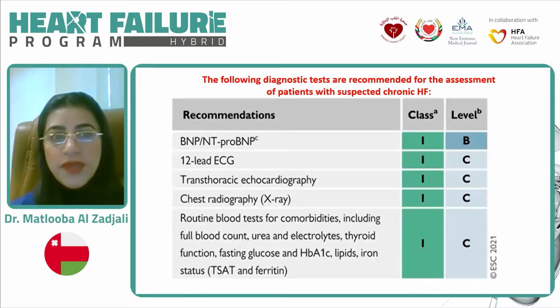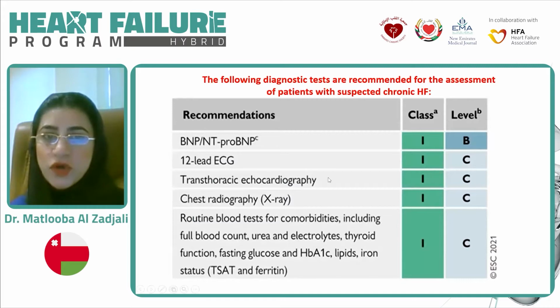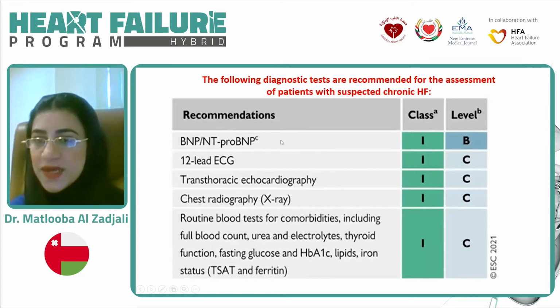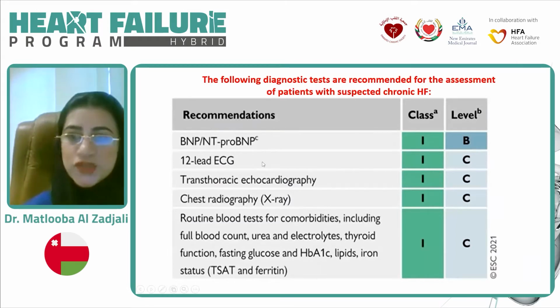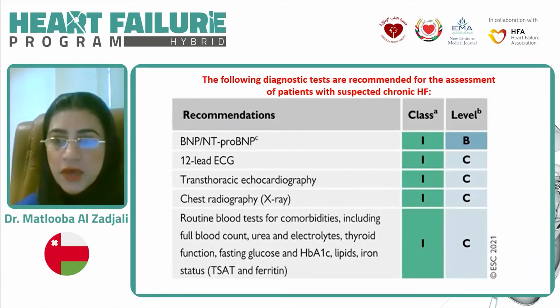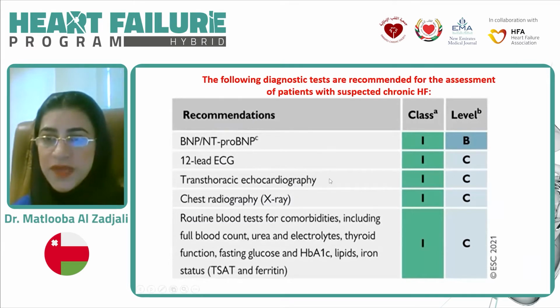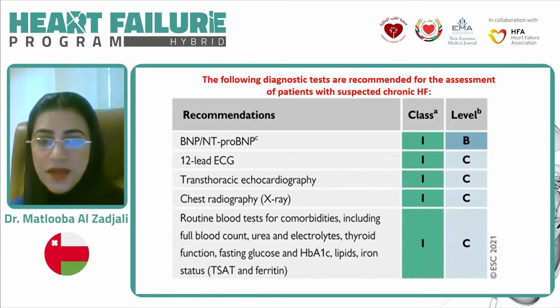The following are the diagnostic tests which are recommended for the assessment of patients suspected of chronic heart failure. We have BNP, NT-proBNP, which is recommended as per the new guideline of the European Society of Cardiology as a class 1 and level of evidence B. ECG is also important when you are suspecting heart failure, to rule out any causes of arrhythmias, and also echocardiography to confirm the diagnosis and to assess the ejection fraction.